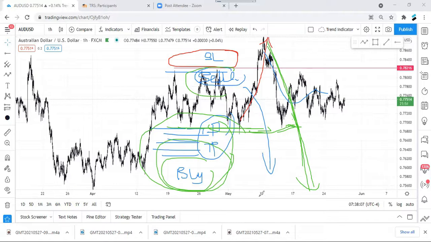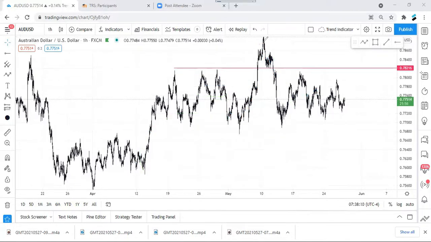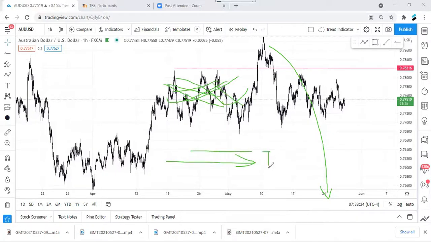So the best way to move the price lower without much resistance, if the bank already has a bias to move the price lower, is to get rid of all these sellers who already sold and placed their take profit at the lower level here.